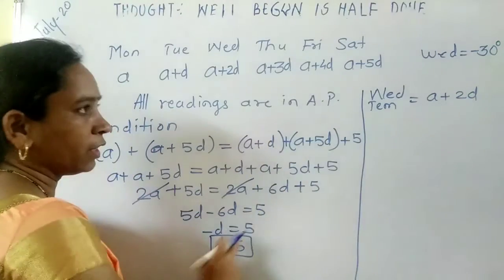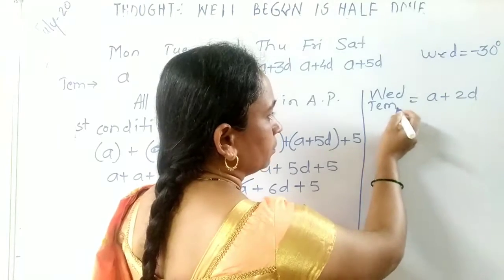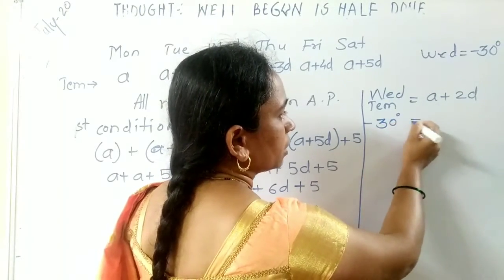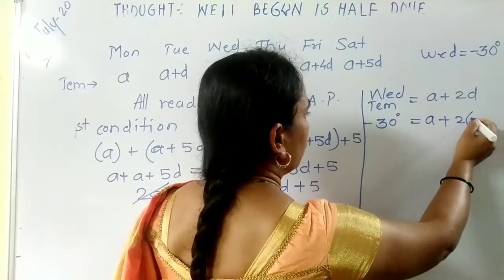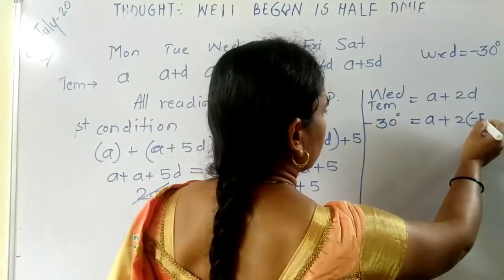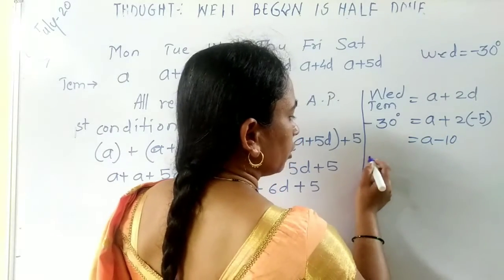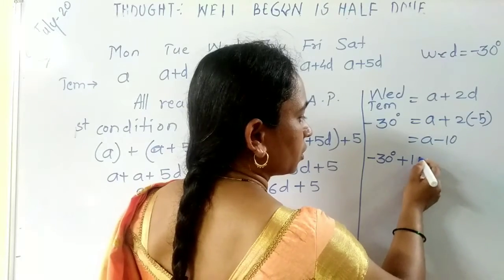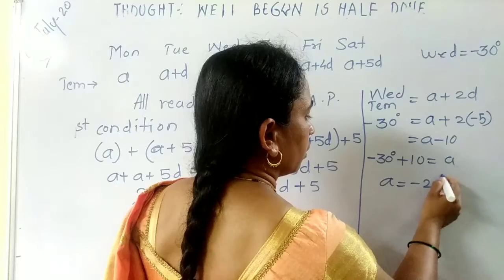Now we have D's value, we have Wednesday's value, so we can get A. So minus 30 degree is equal to A plus 2 into D's value, minus 5. So I will get A minus 10. Transfer it to this side. So minus 30 plus 10 is equal to A. So A is equal to minus 20 degree.